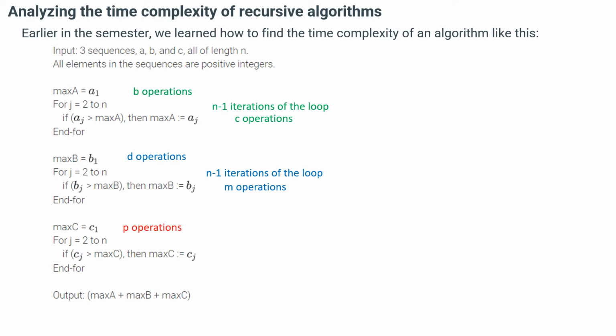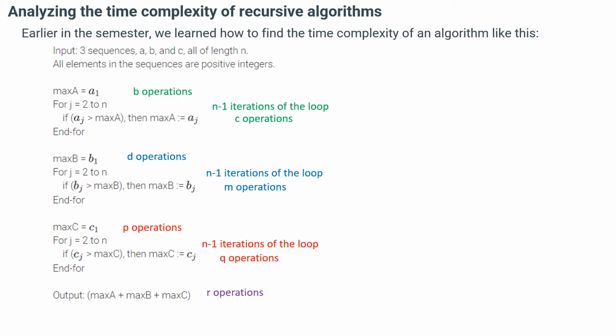And then for the last section, we'll say P operations for that assignment statement, and then n minus 1 iterations of the loop, and inside the loop, let's say there's Q operations. And then at the very end, we will output the sum of these 3 numbers. So we would need to get the sum of that and then return or output it. So let's call that R operations.